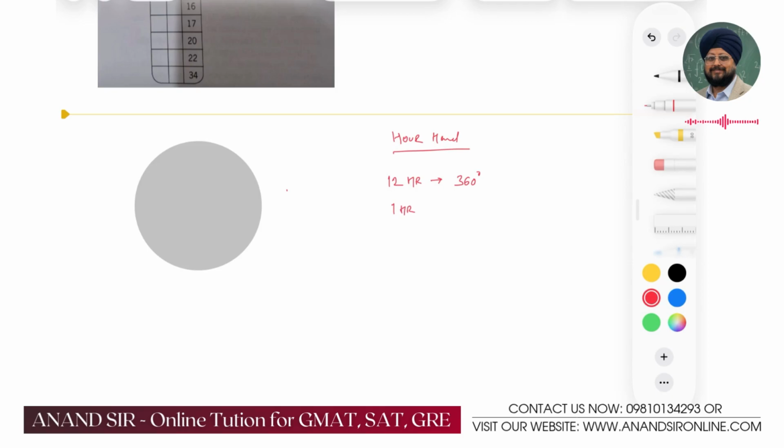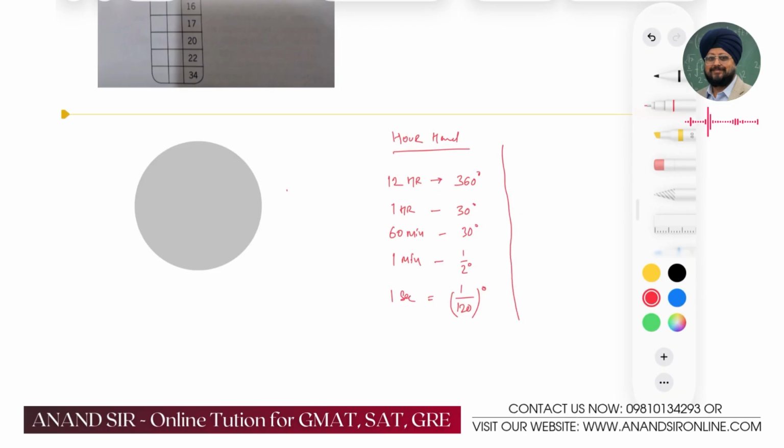That is, in 1 hour, it covers 30 degrees. So in 60 minutes, it covers 30 degrees. So in 1 minute, it covers half a degree, right? And in 1 second, it covers 1 divided by 120 degrees.